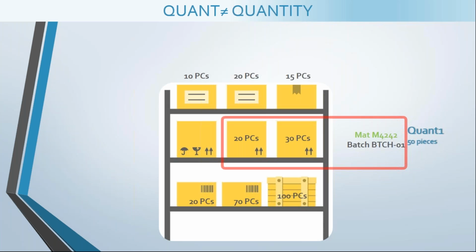So quant is actually not quantity, but every quant can have a certain number of pieces, a certain quantity of a material in it. Okay, now taking another example of, let's say, material MXYZ, which has 30 pieces in this bin. Now this material is different from M4242, so it's a different material.